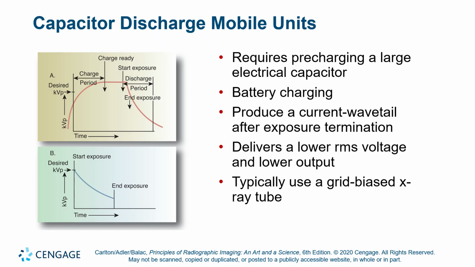But the average over the entire exposure is going to be somewhere in the 60s, you see? And so that's why you start out with a higher kVp technique than what you're expecting, because you know with capacitor discharge your kVp plummets while the exposure is going on.